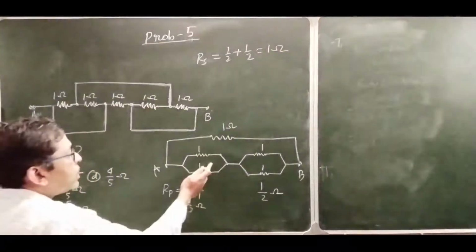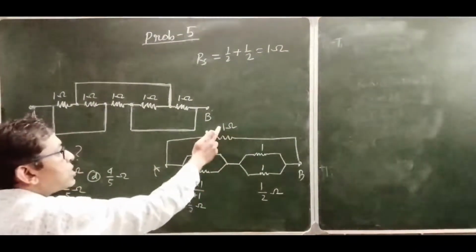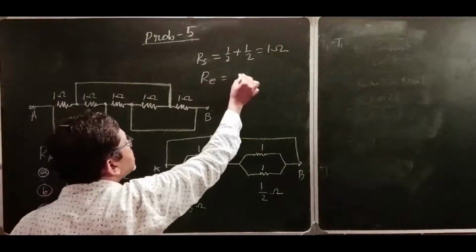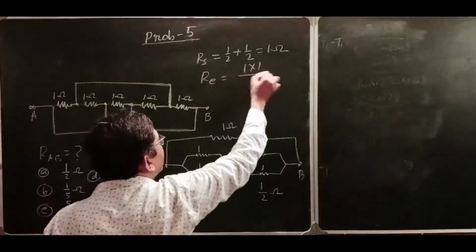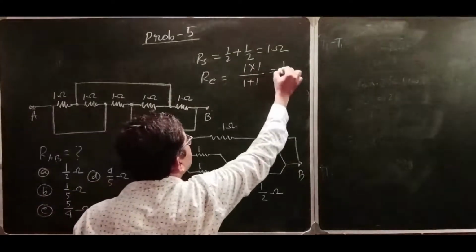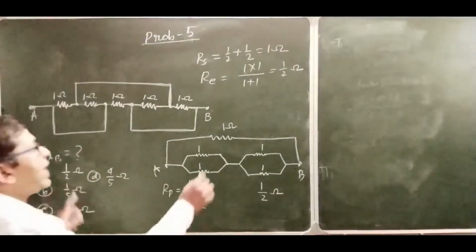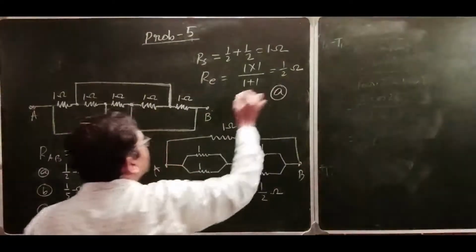This 1 ohm is connected to this 1 ohm in parallel. That means the final equivalent resistance will be product by sum, that means half ohm. So option A is the correct option.